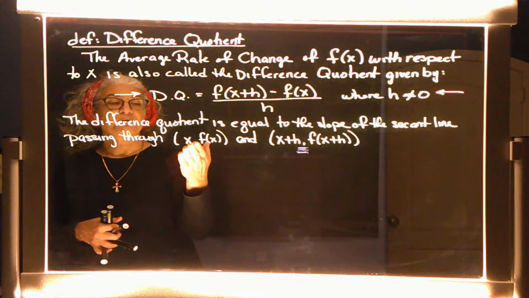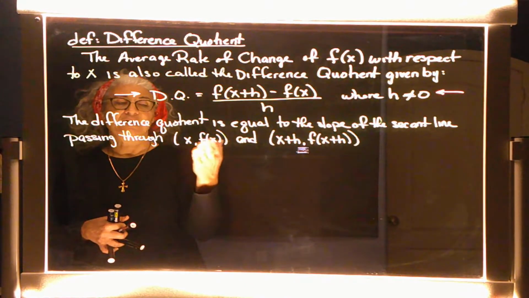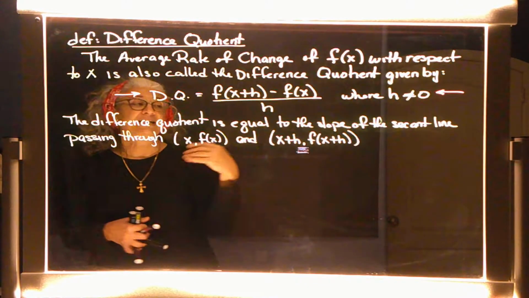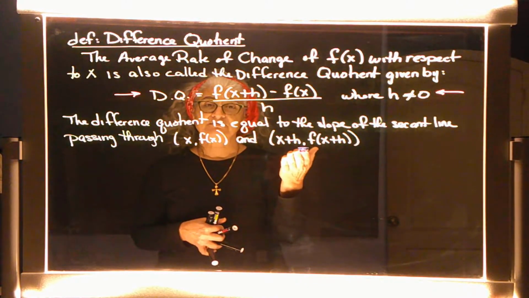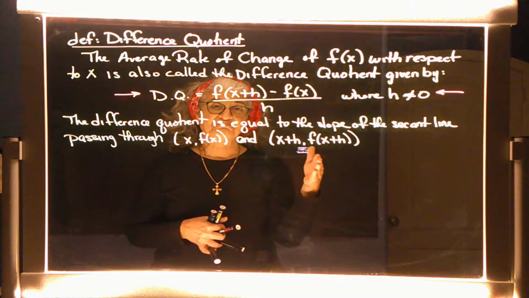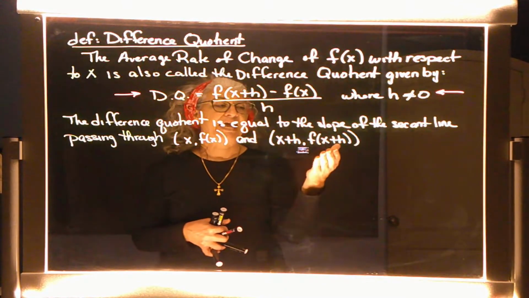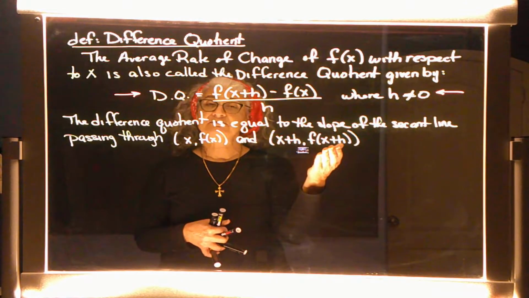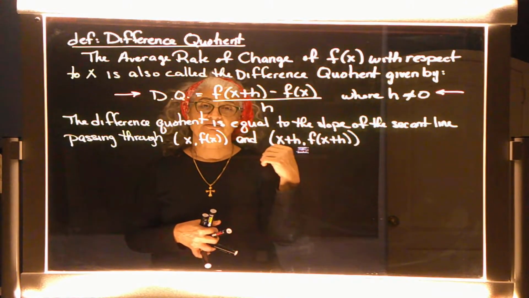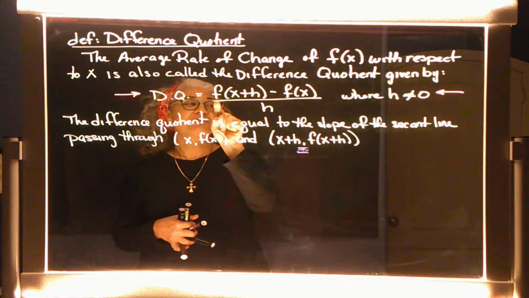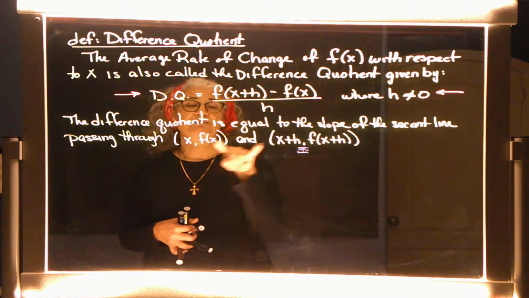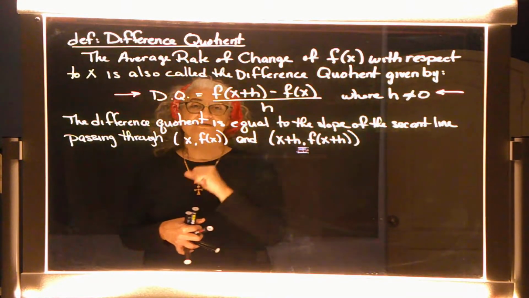So one of the points would be x, and its y would be f of x, and another point is x plus h. So I went this direction h spaces or that way h spaces, it doesn't matter. And I find its y by plugging in, right, x plus h into the function. So this difference quotient is equal to the slope of the secant line passing through these 2 points.